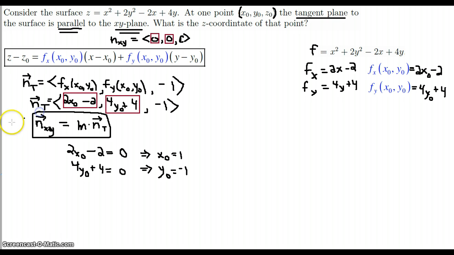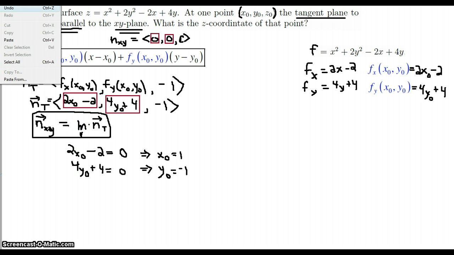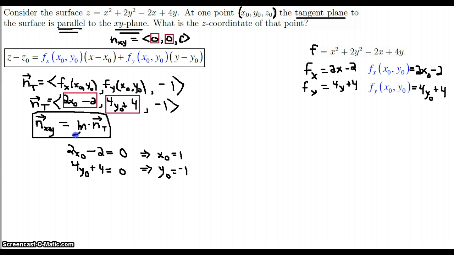Since parallel planes have normal vectors that are scalar multiples of each other, and m is some real scalar, it must be true then that those two are 0, because it isn't true that the scalar is 0.